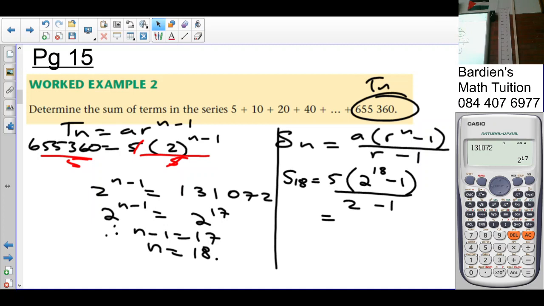So that now gives us 5 open brackets 2 to the exponent 18 minus 1 over 2 minus 1. Gives us 1,310,715.